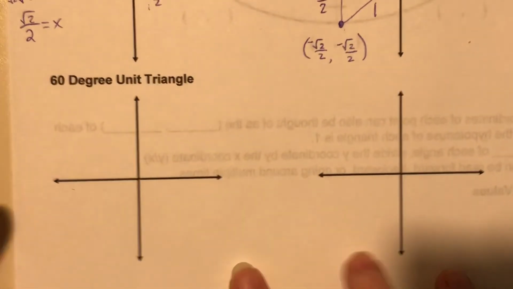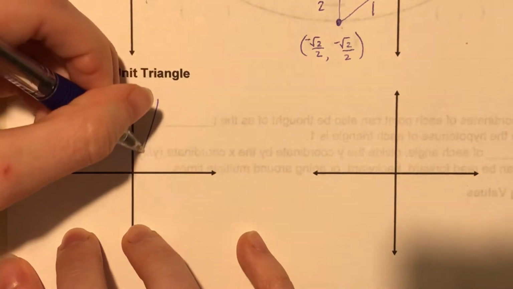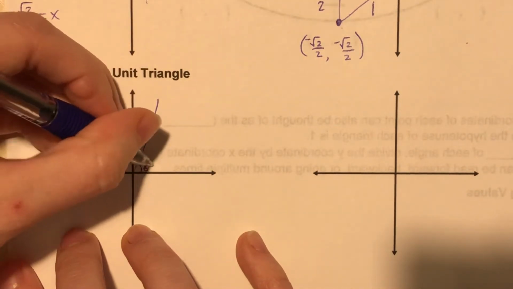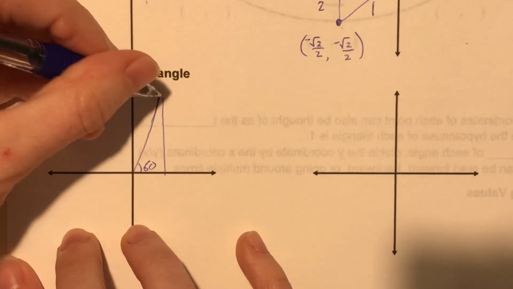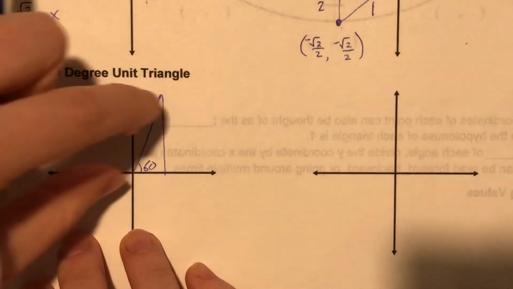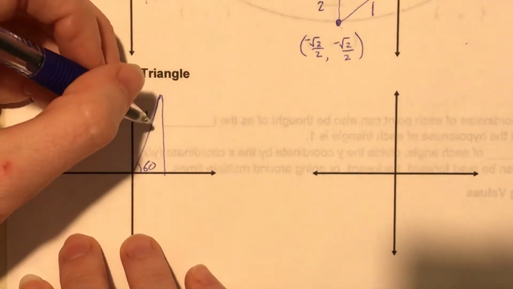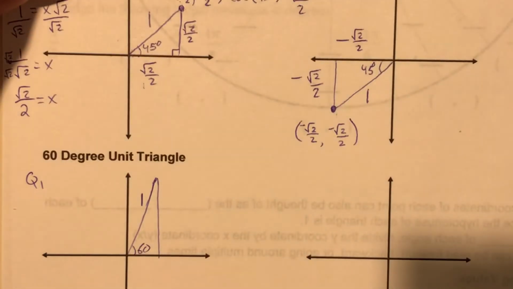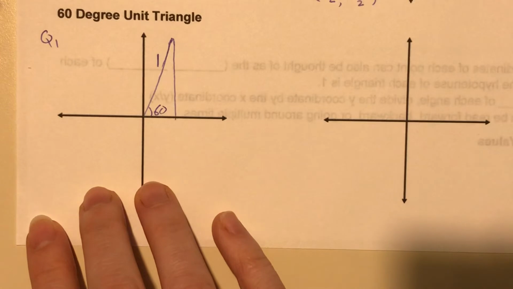Okay, and then finally we'll use a 60-degree reference triangle, unit triangle, to show the rest. So down here we'll draw a 60-degree unit triangle in quadrant 1. All right, so we're measuring from the horizontal, so here's a 60-degree. All right, and then I'll put that leg down here. We know it's a unit triangle. It's got a hypotenuse of 1 because it's part of the radius of that circle that goes all the way around. And we can kind of reuse our measurements from the top one up here because this is a 30, 60, 90 triangle.